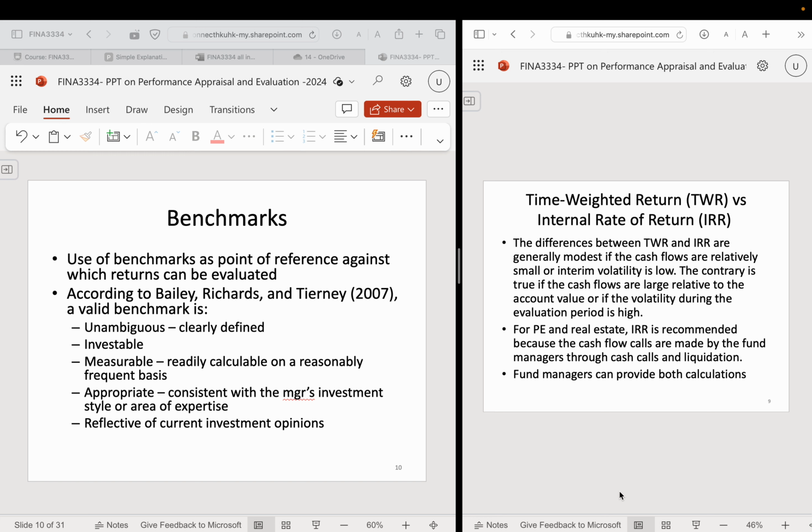But a manager can choose to overweight something and underweight something to outperform. So when you hire a manager, you want him to outperform the benchmark, and at the same time, you want him to do a better allocation than the benchmark allocation. There are two levels. Remember that this is not only in teaching, but in the real world.